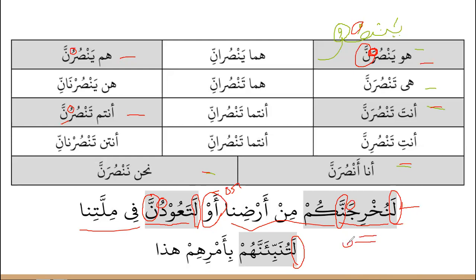Then the third degree of emphasis, nukhrijanna. You can see that it is the third degree of emphasis with the lam of emphasis. So with the lam, there is another degree of emphasis.